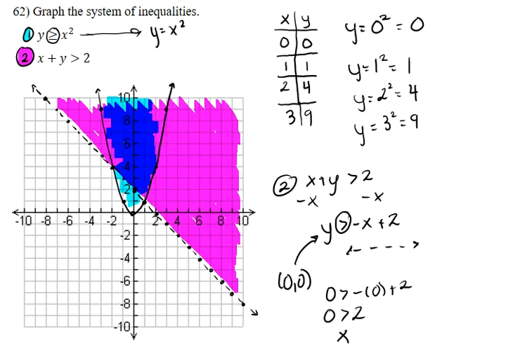Now we can see that we have multiple regions of shading, and the only region that we want left is where the two inequality shaded regions overlap. Looking at our graph, we can see it's this navy blue region right here. So that is what we want to keep, because if we kept this section, it's going to be outside of our parabola, which does not satisfy its test point.